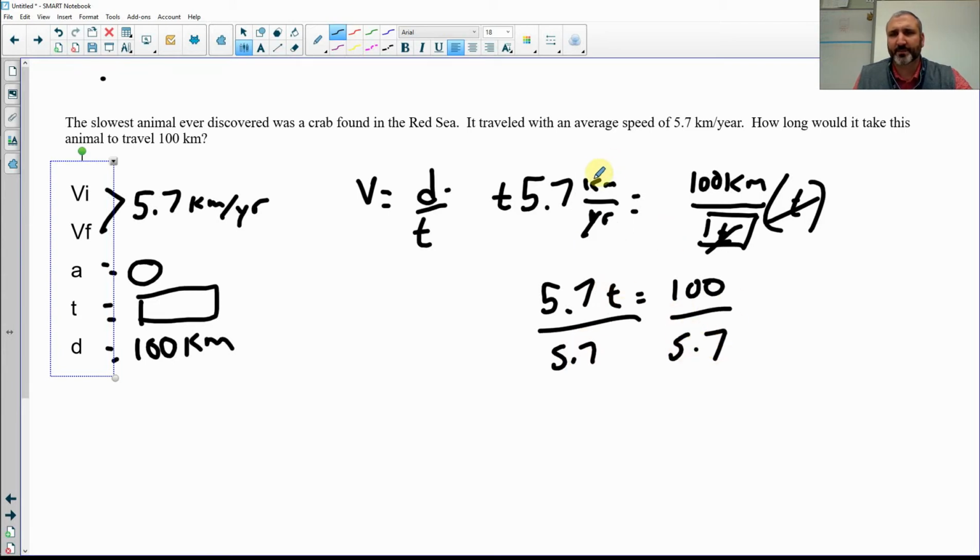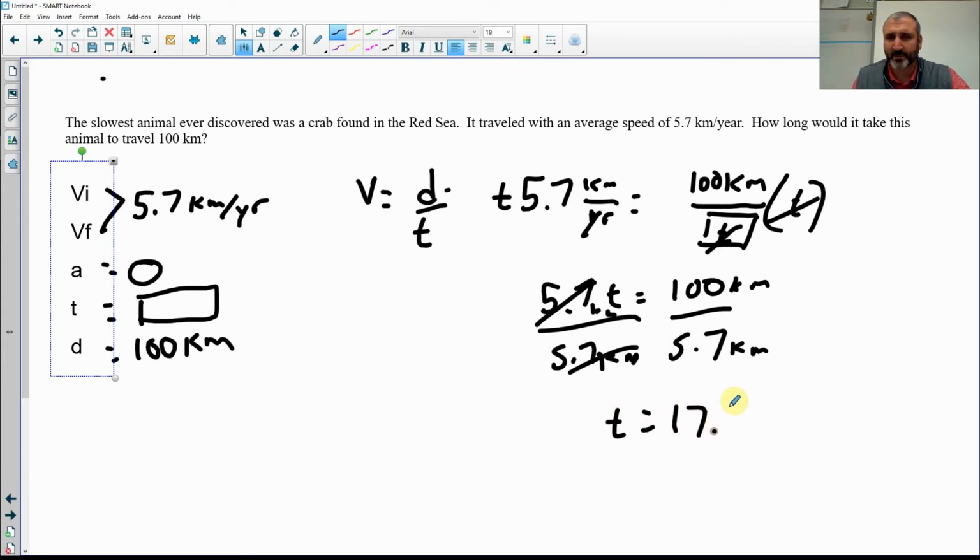Because this is kilometers and that's kilometers, the kilometers cancel, and we're left with an answer in years, which I think is fine. So 100 divided by 5.7 is going to be 17.54.